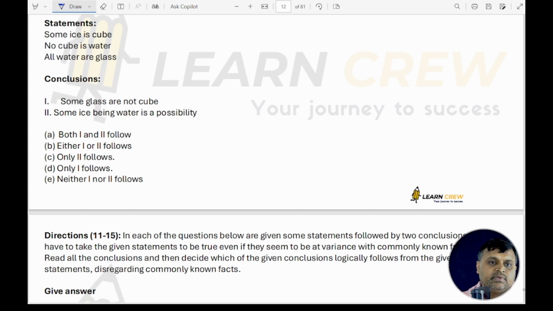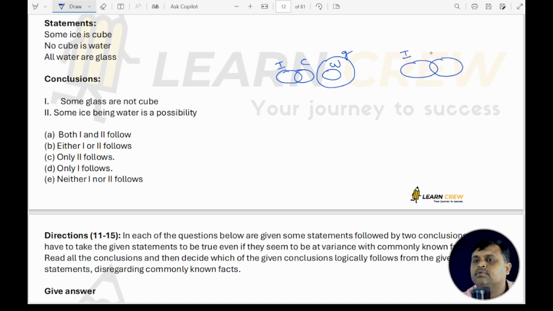Now next one, based on syllogism. Some ice are cube. No cube is water. All water are glass.